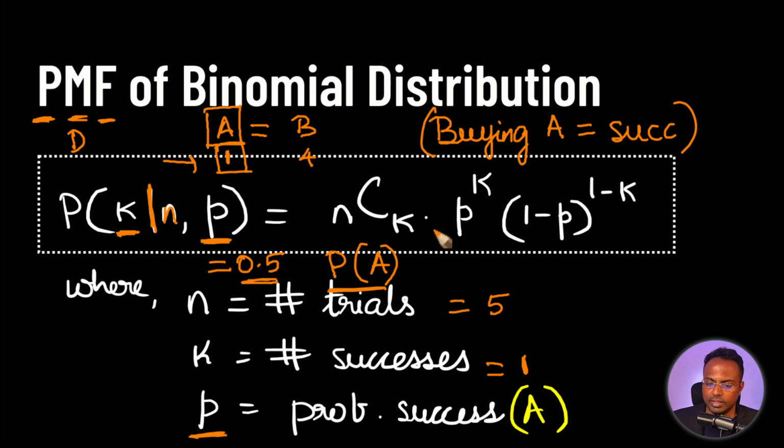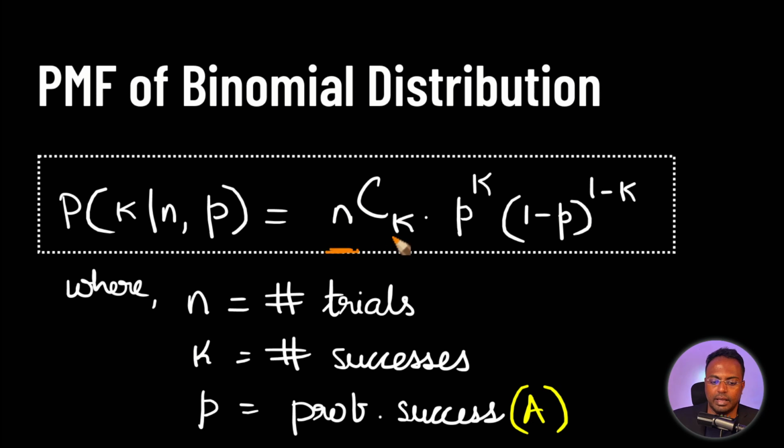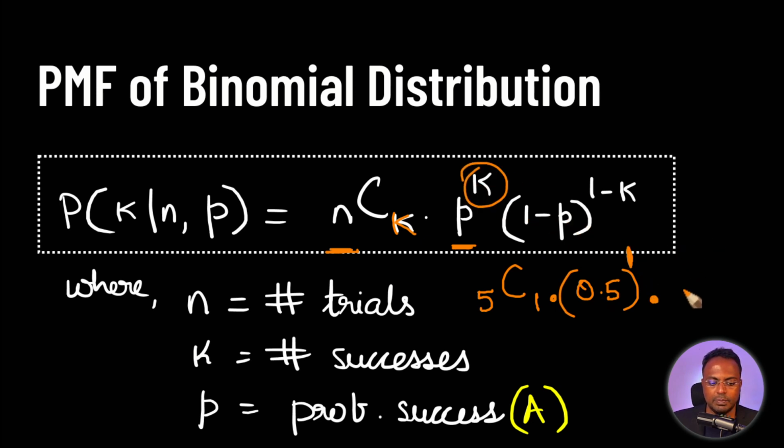Now for this to happen, amongst 5 trials, we get 1 success, assuming equal probability, 0.5. That is nothing but nCk, n combination k. So this would be 5 combination 1, multiplied by P, the probability of success, 0.5 raised to the power of K equal to 1, again multiplied by 1 minus P, which is also 0.5.